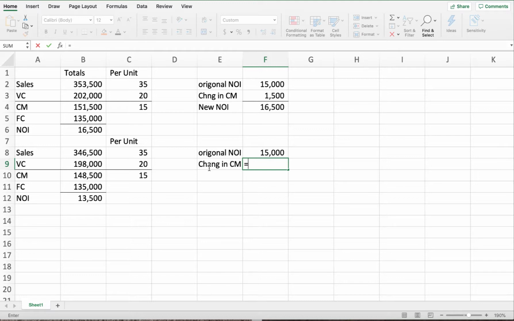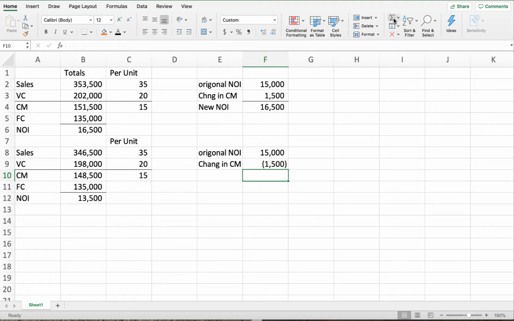So very simply, I can take negative 100 units, multiply it by my contribution margin per unit, $15, and I get a negative $1,500. So my contribution margin decreases by $1,500.